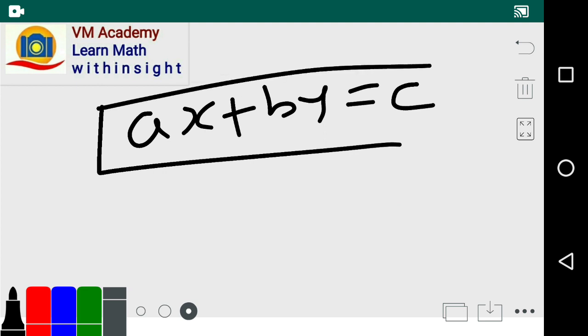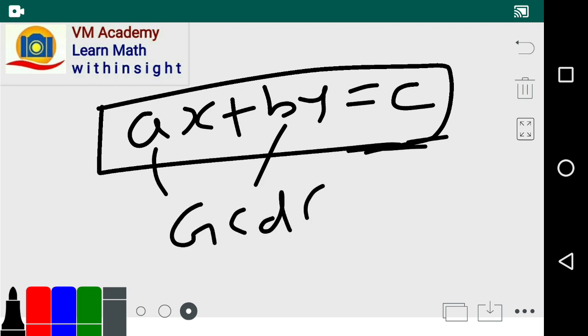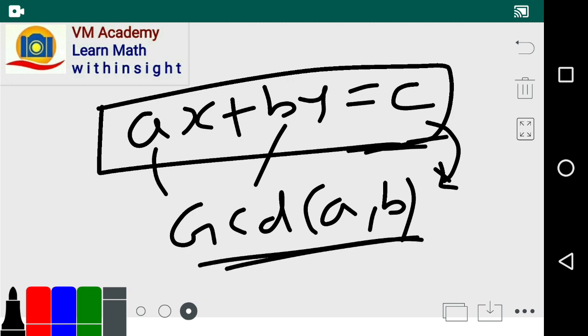This linear equation is solvable for integer x and y if and only if the common factor between a and b, that is the GCD or highest common factor between a and b, divides c, that is, c is a multiple of this common factor, or this common factor perfectly divides c. Then only it will have an integer solution.